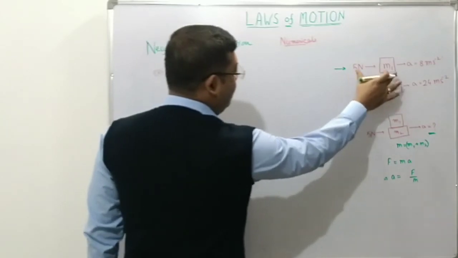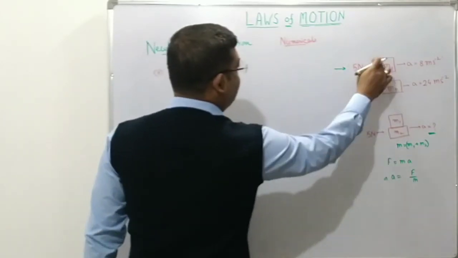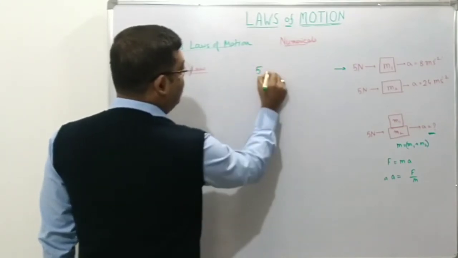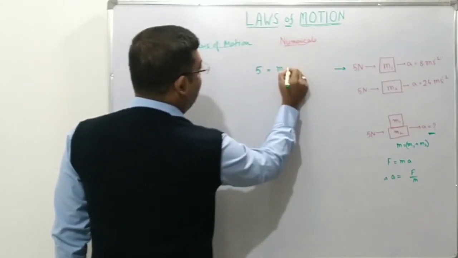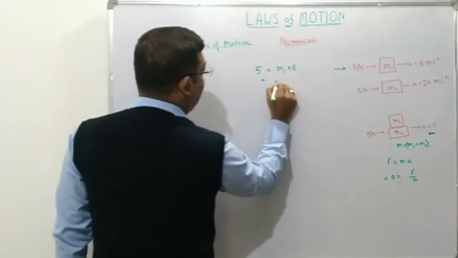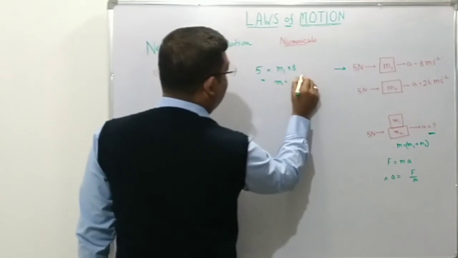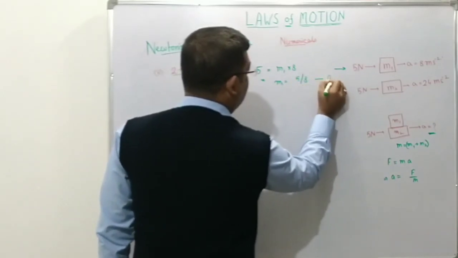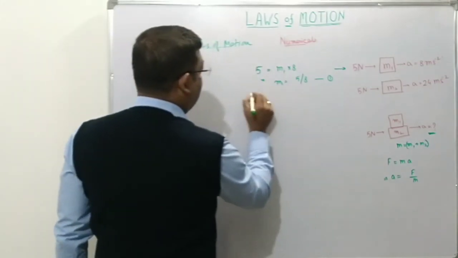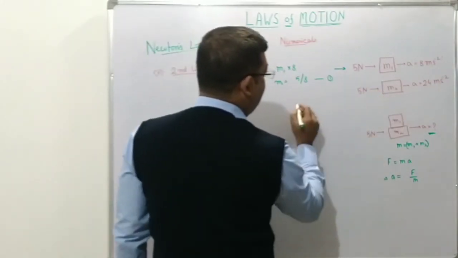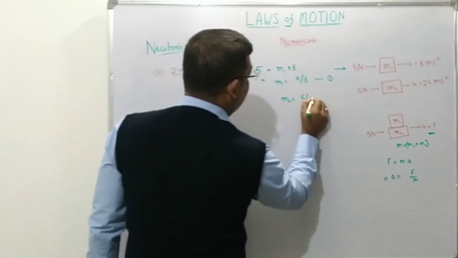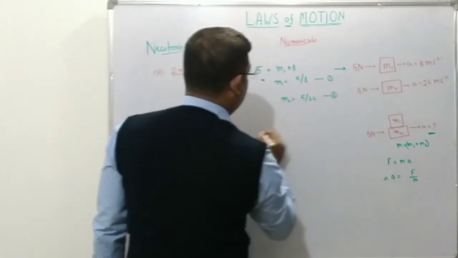Applying f is equal to ma for this particular mass m1, we get f, that is 5 Newton, must be equal to m1 into acceleration, that is 8. And this will give us m1 to be equal to 5 by 8. Let's call this 1. Similarly, from the second case, we get m2 equals 5 by 24, 2.